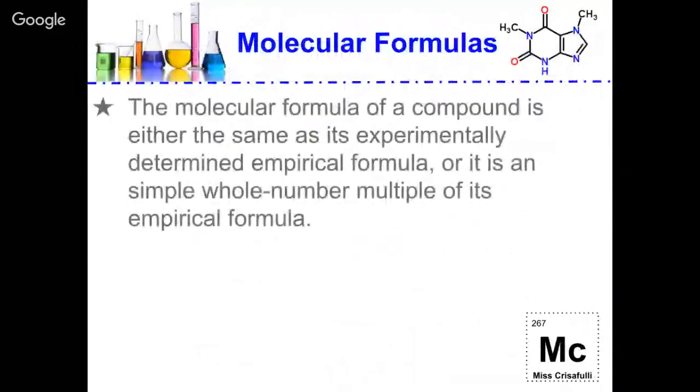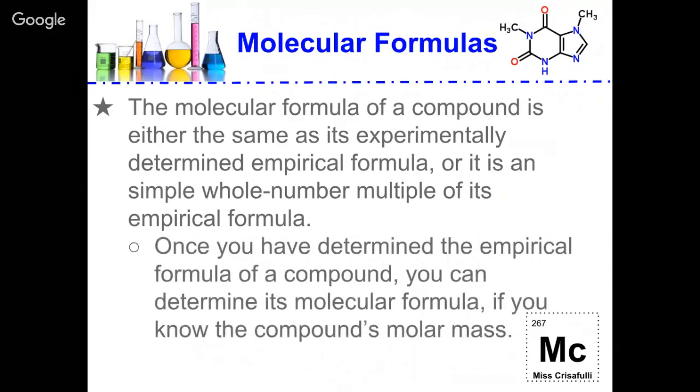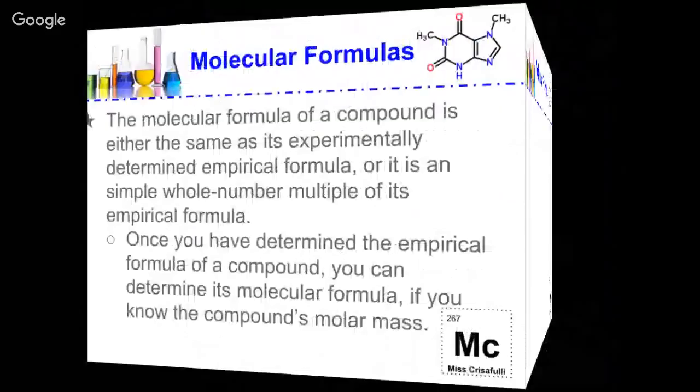So now let's talk about molecular formulas. The molecular formula of a compound is either the same as its experimentally determined empirical formula, or it is a simple whole number multiple of its empirical formula. So once you determine the empirical formula of a compound, you can determine its molecular formula if you know the compound's molar mass.